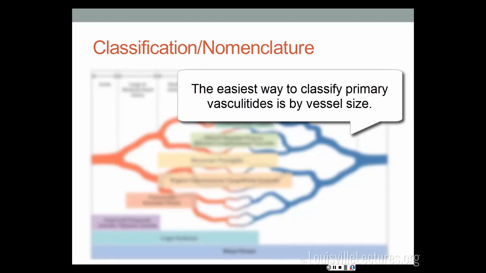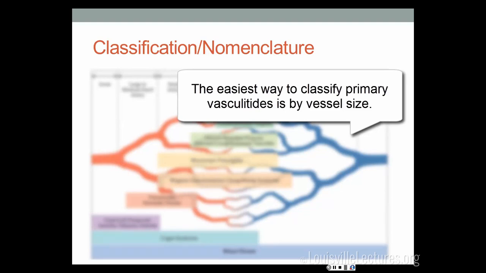Usually we say at least one size. Feel free to stretch out by one. So if you have a temporal arteritis patient with medium vessel involvement, that's fine. If you have a PAN patient with small vessel or large vessel involvement, that's okay. There's overlap. Doesn't worry us too much.